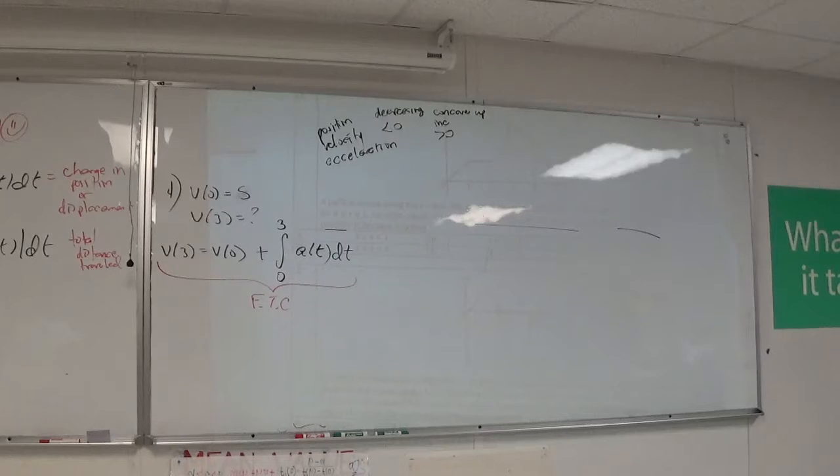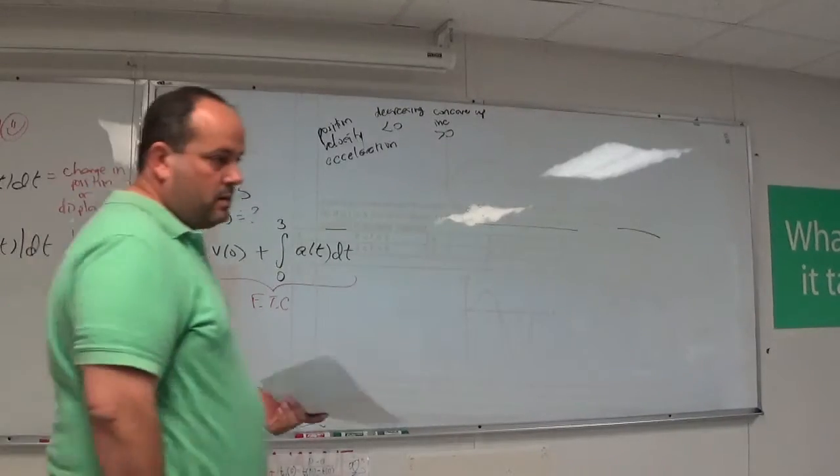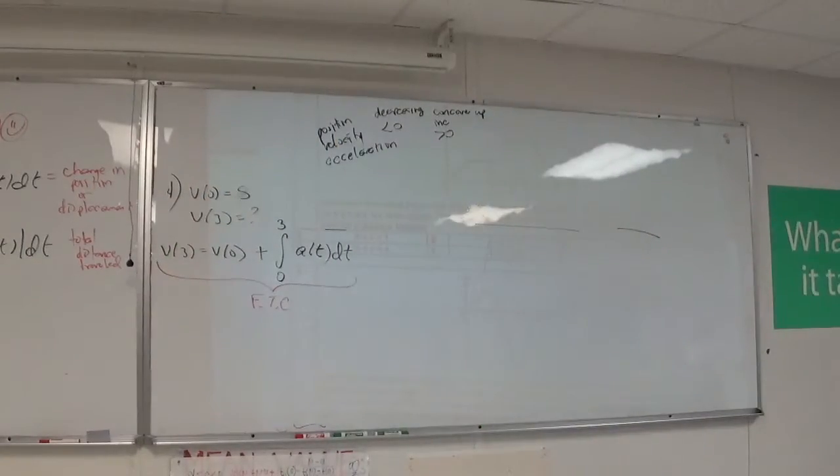3t squared. Where did that come from? I agree, it has to equal 0. That's the only thing you've written down that I don't know.